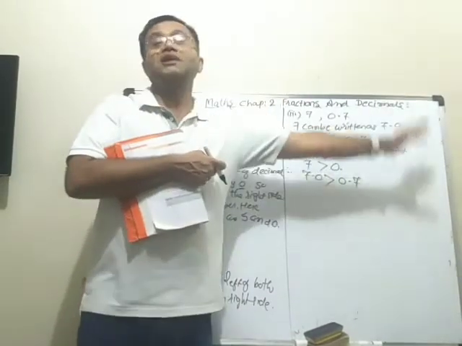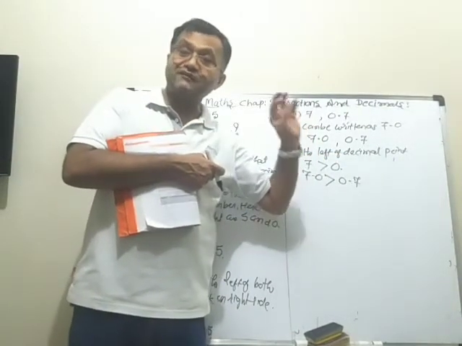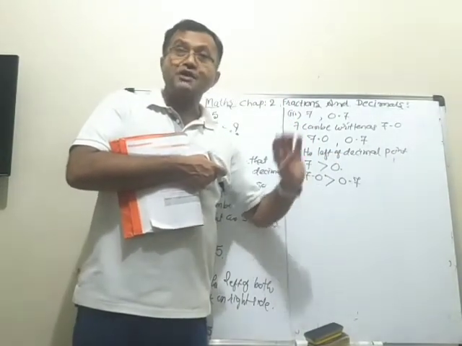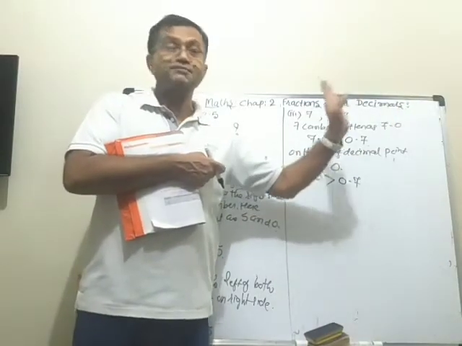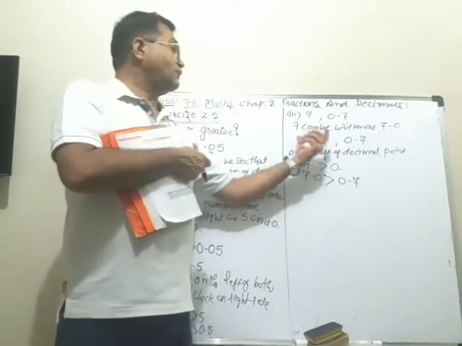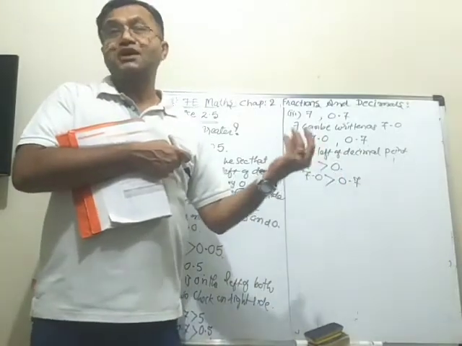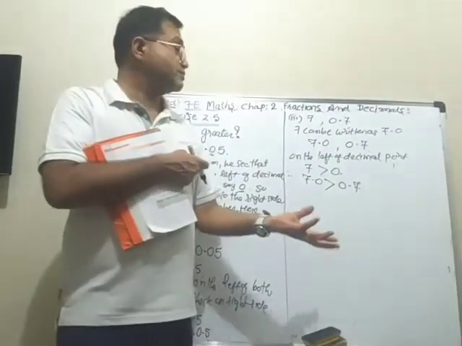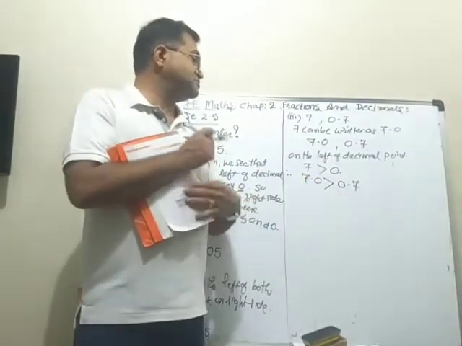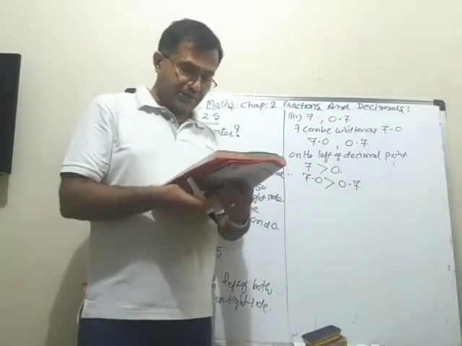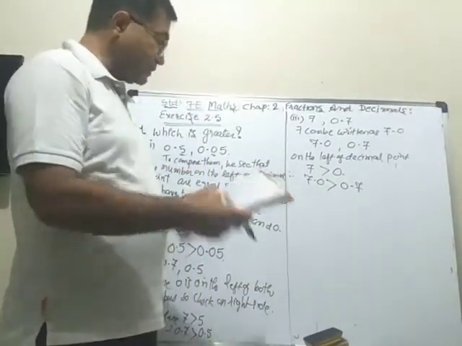We don't have to go to the right side. Only when the left sides are equal do we have to go to the right side. But here we can see from the left only that 7 is greater than 0, and therefore 7.0 is greater than 0.7.